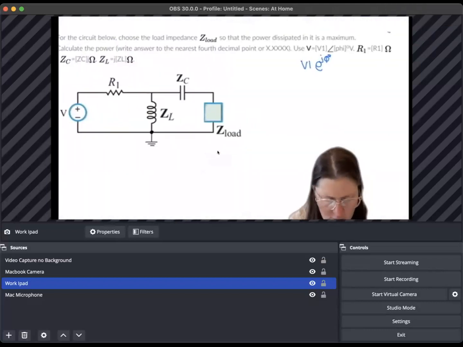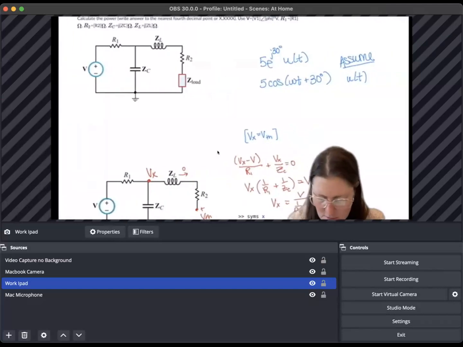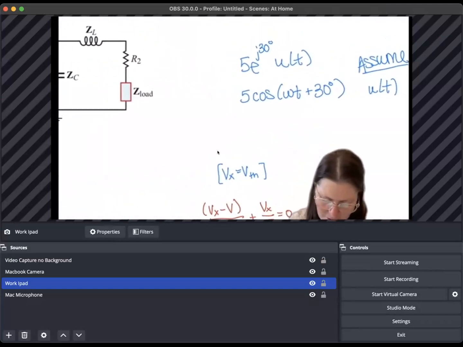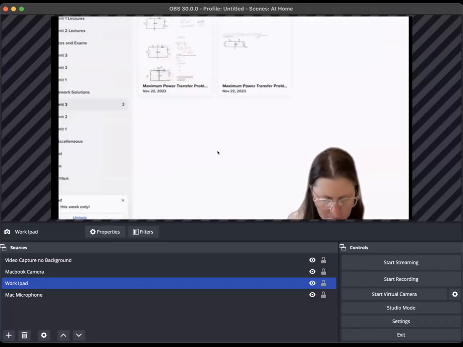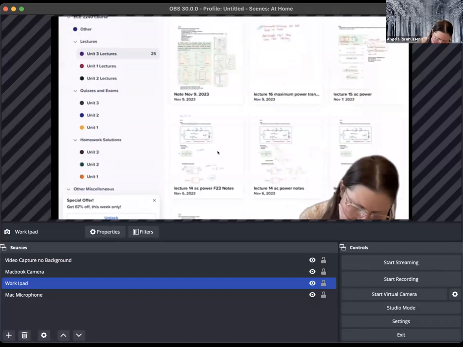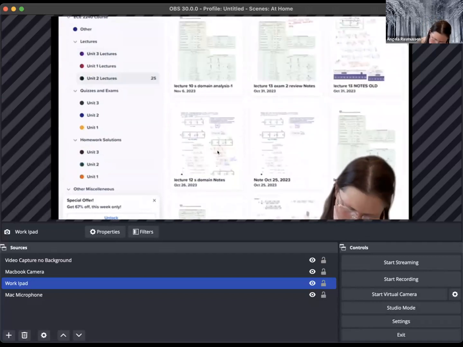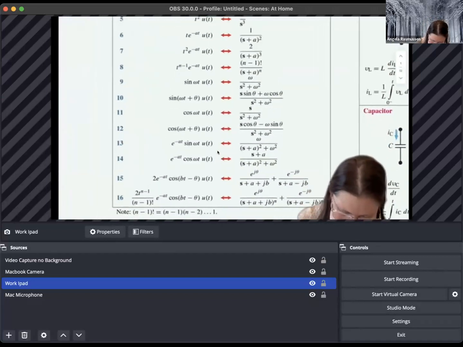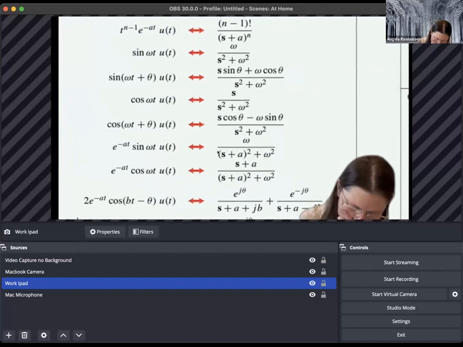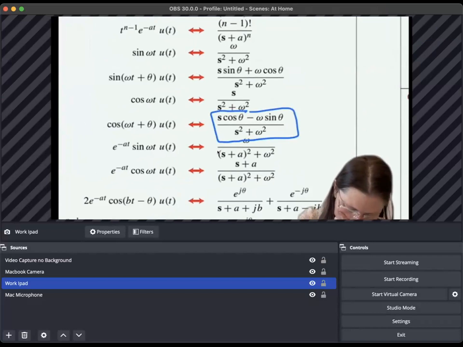Is A theta, or is A the degrees? It's the coefficient in front, right? This is where it's confusing because the phasor is written there, but if I did the cosine, it's actually going to be this one, S plus A over that one.